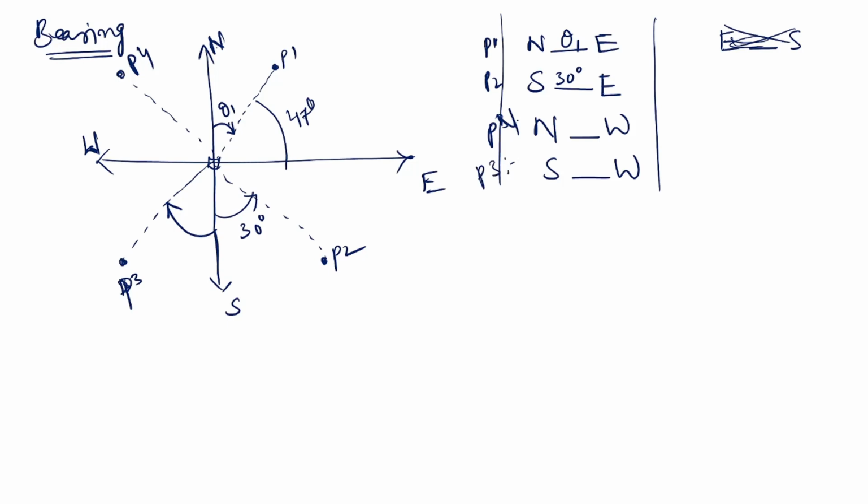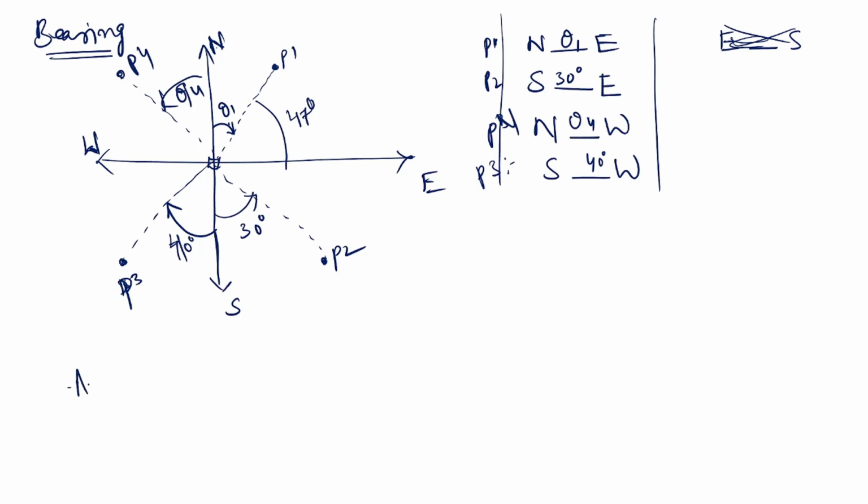So point 4 is north to west. Suppose this angle is theta 4. You have to find the angle from north to west only. Let us say roughly this is 40. South 40 west. So these are the expressions for bearing.